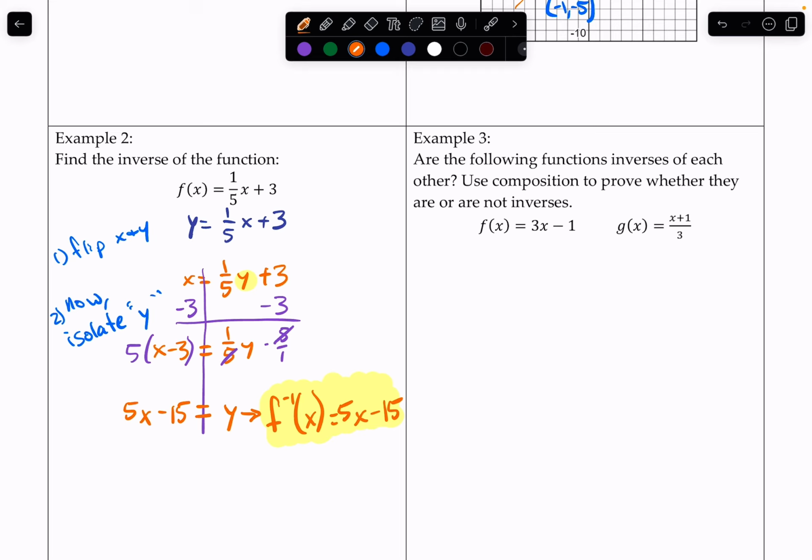All right, one more thing. How do we prove that two functions are inverses of each other? Well, for that, to prove inverses, we're going to use something called composition.